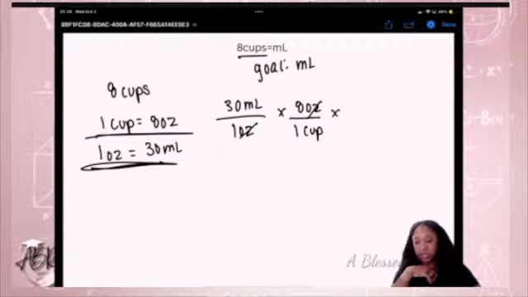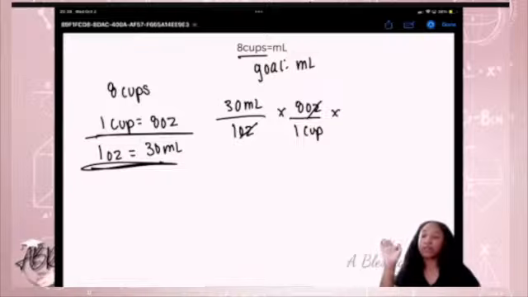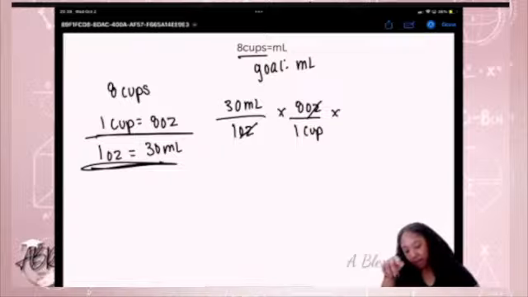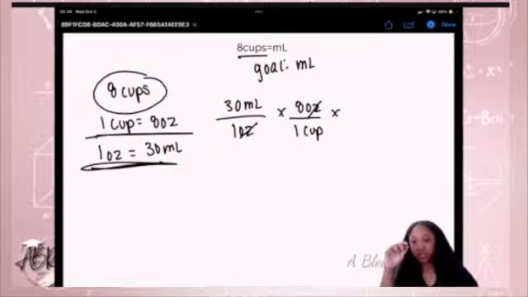Ounces crossed out. You must write your units by your numbers in order for this method to work. If you just put numbers hither and thither, it's not going to make sense. The units are what guide you. The goal is what guides you. Every step that you take, what's on the bottom and what's on the top has to cross out. Now we've got cup on the bottom, and I've got one last puzzle piece with 8 cups in it.